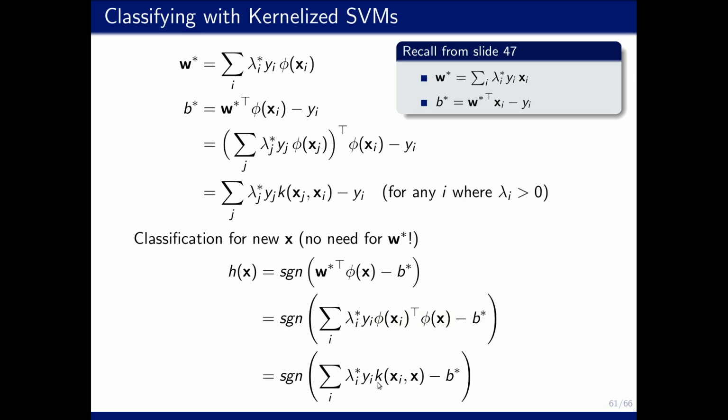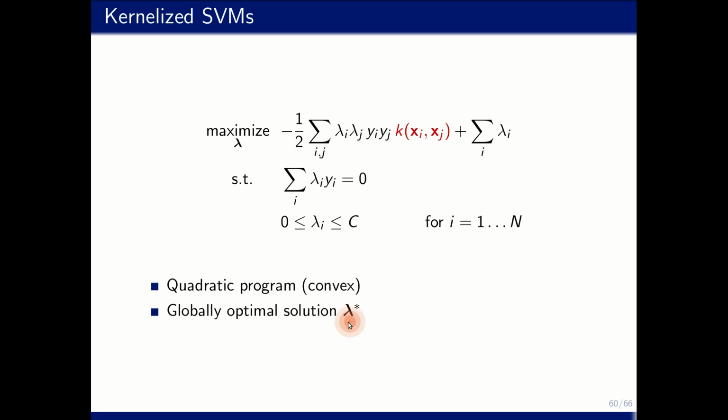And again, this is just the kernel of our training examples. So kernel evaluated for all our training examples and this new data point. So for classification, we neither need W star nor B star, so the optimal solution in the primal. So we can express the whole classification just with our dual solution, which we got out of this optimization problem.